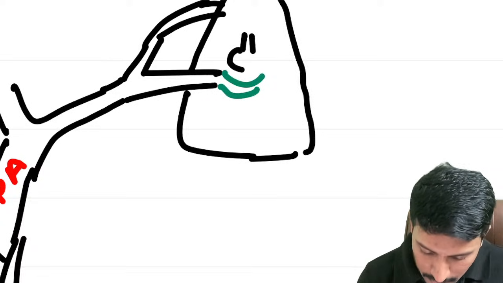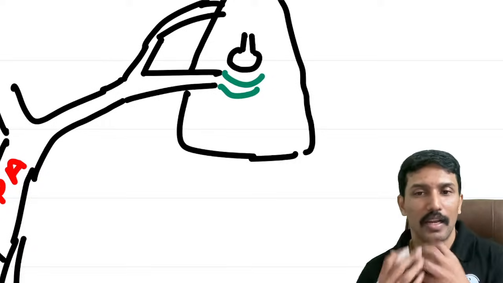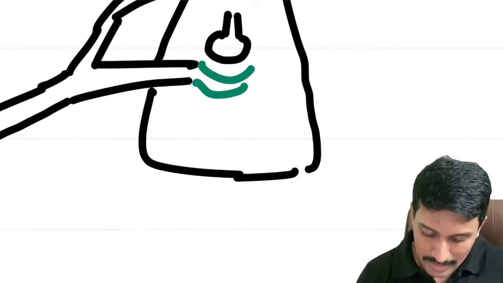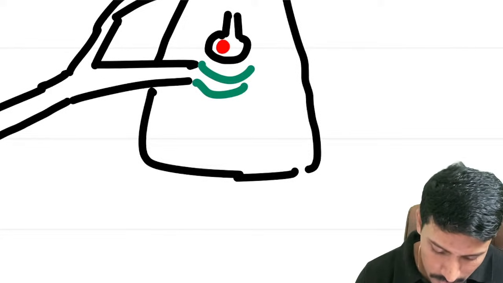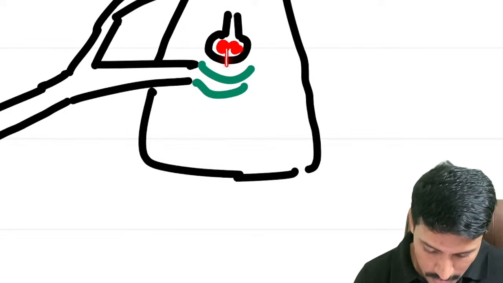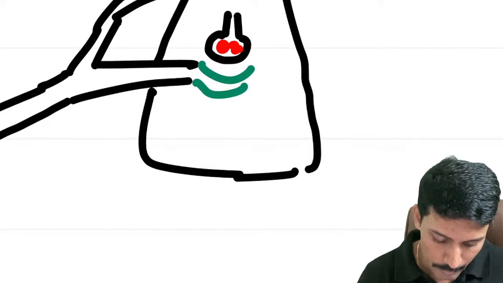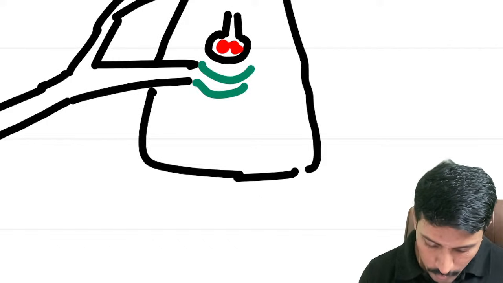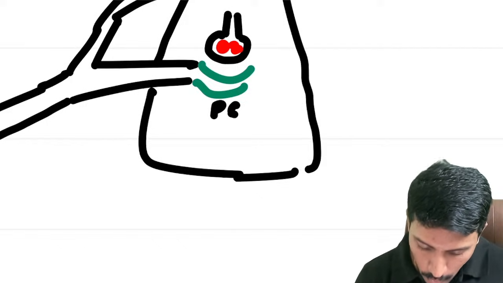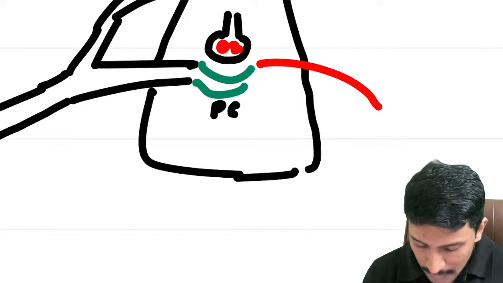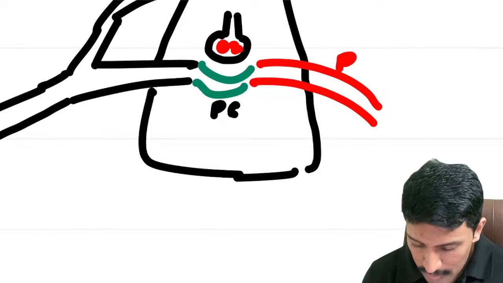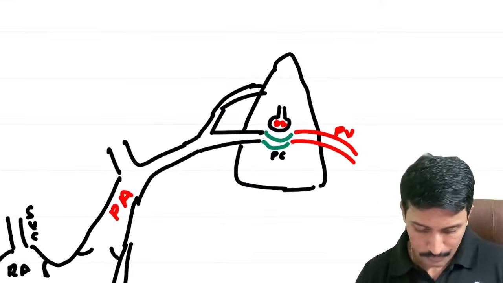A pulmonary capillary is lining an alveolus. Once the air comes into the alveoli, that oxygen will get its way into the pulmonary capillaries, and from the pulmonary capillaries the oxygenated blood will go to the left side of the heart through what we call pulmonary veins.